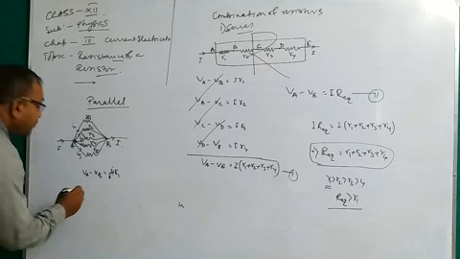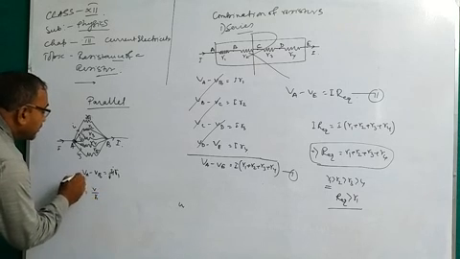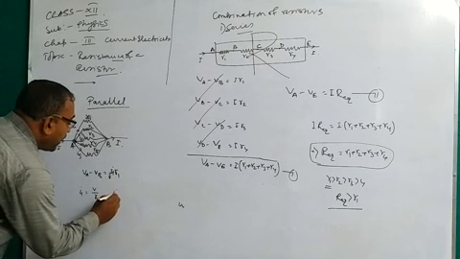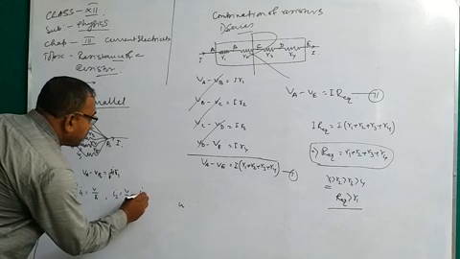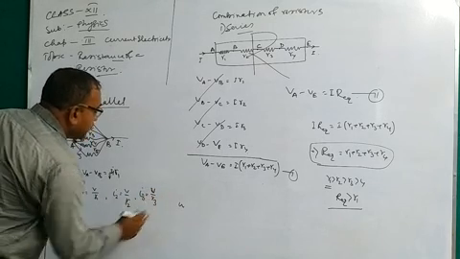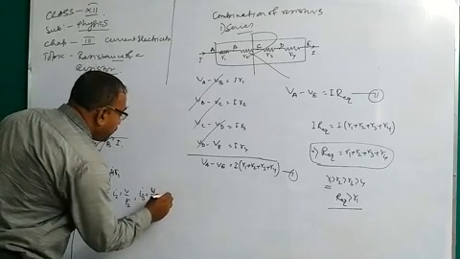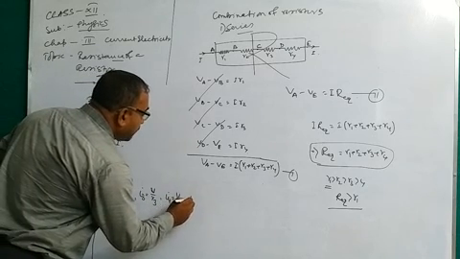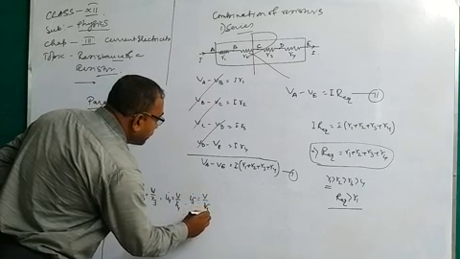Okay, I1 equals V by R1. Suppose VA minus VB is equal to V. Similarly, I2 equals V by R2, I3 equals V by R3, I4 equals V by R4, and I5 equals V by R5.